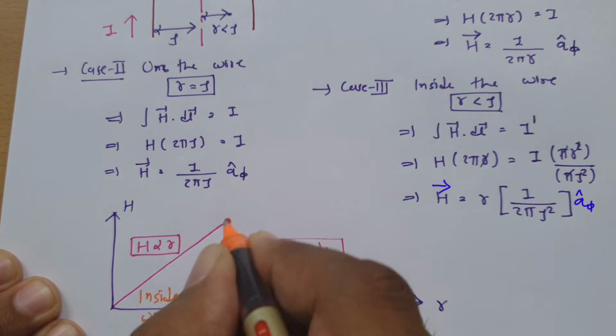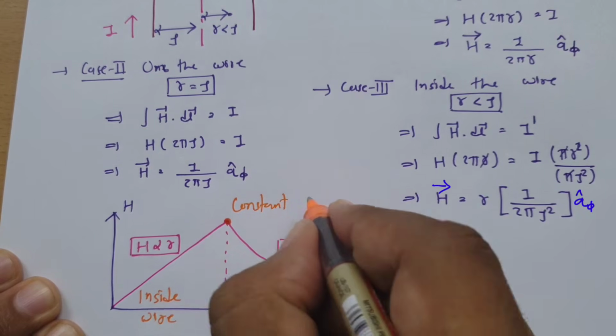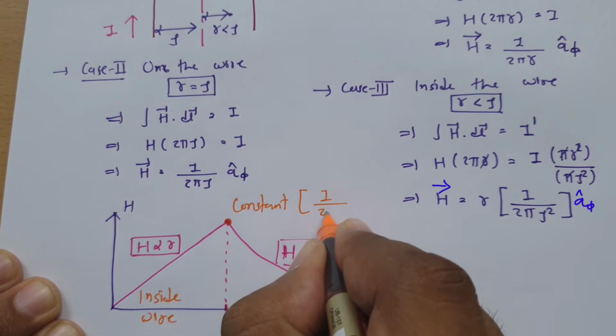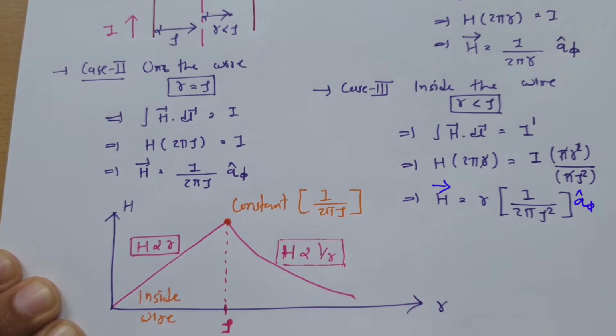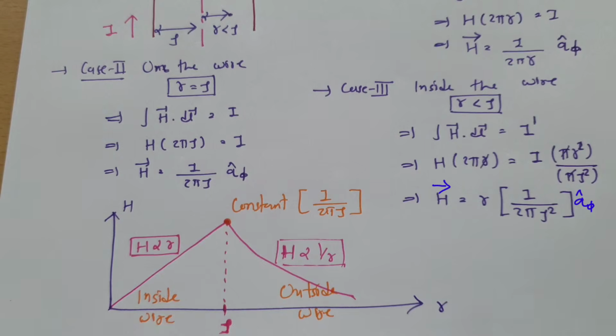On the surface of the wire it is constant, I divided by 2 pi times the radius of the wire, and outside the wire it is inversely proportional to distance. See, this is how the magnetic field intensity behaves. So by using Ampere's law, we can easily understand this calculation of magnetic field intensity.